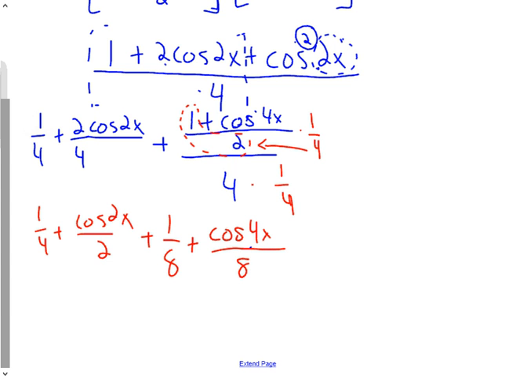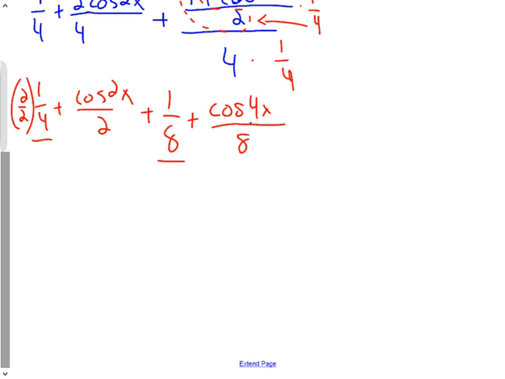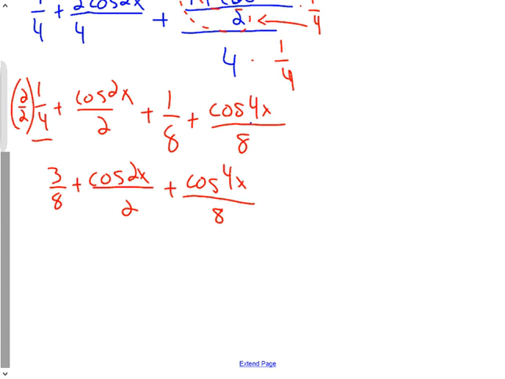And now just a little bit of simplifying. We have 1/4 plus 1/8, right? 1/4 is 2/8, 2 times 2. So 2/8 plus 1/8 is 3/8. And then just continuing, plus cosine of 2x over 2, plus cosine of 4x over 8. And there is our power reducing formula in action.